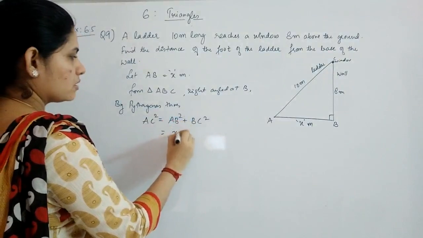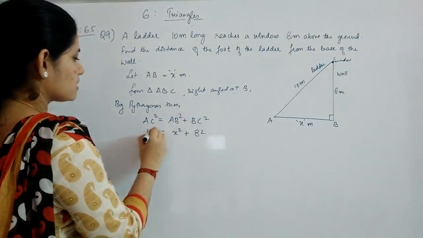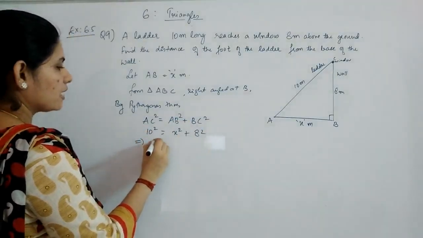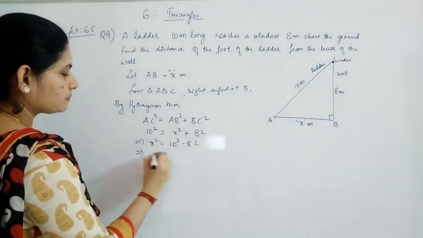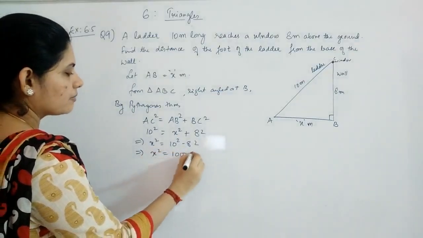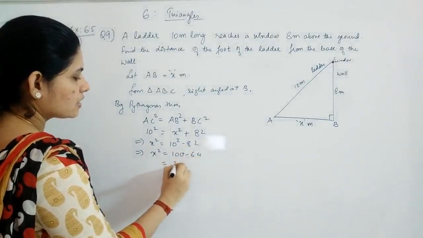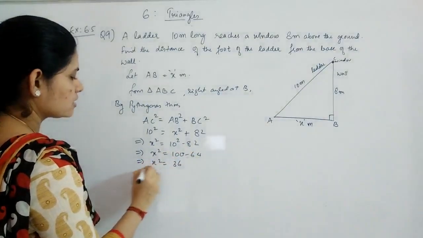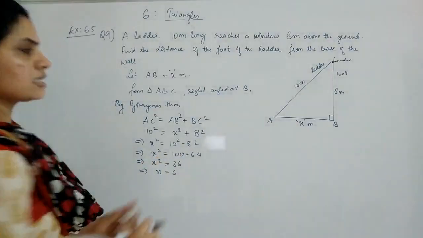AB is your x, so x square plus 8 square is 10 square, so that you will get x square is equal to 10 square minus 8 square, or x square is 100 minus 64, which will give you 36. So your x square is 36, means x is 6. You will take only positive here because it is a distance.